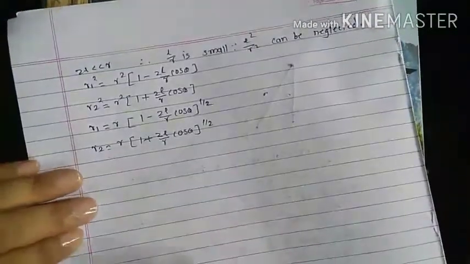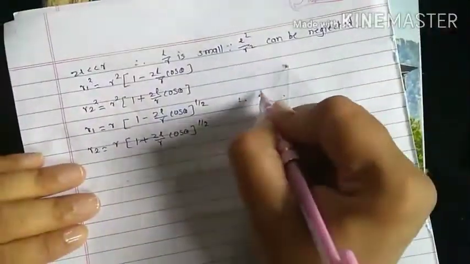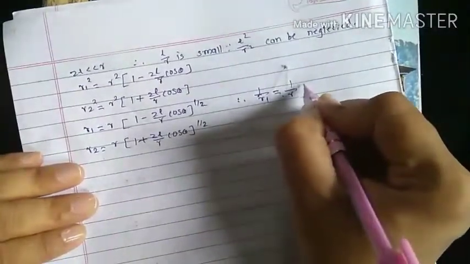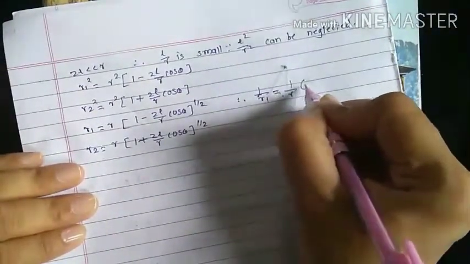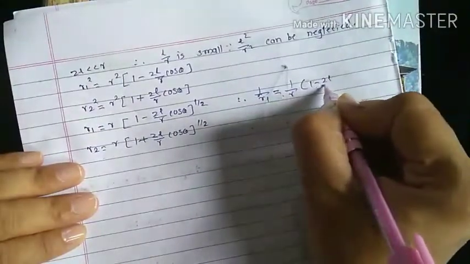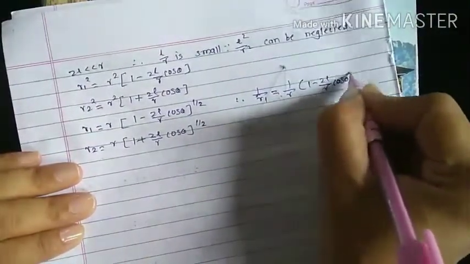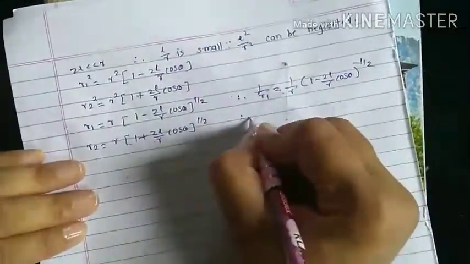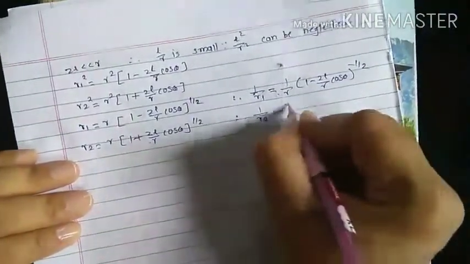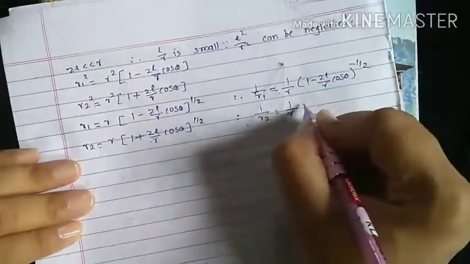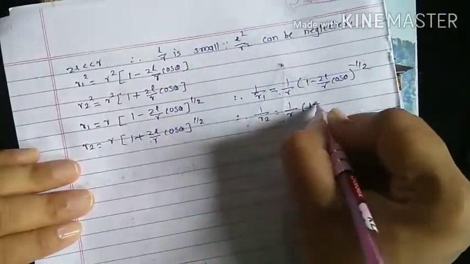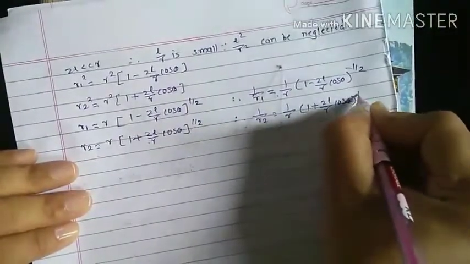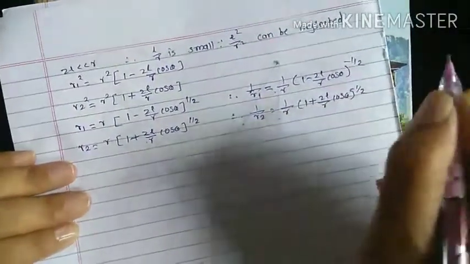We have to determine 1 upon R1. Therefore, 1 upon R1 is equal to 1 upon R, in a bracket 1 minus twice L by R cos theta raised to minus half, and 1 upon R2 is equal to 1 upon R in a bracket 1 plus twice L by R cos theta raised to minus half.